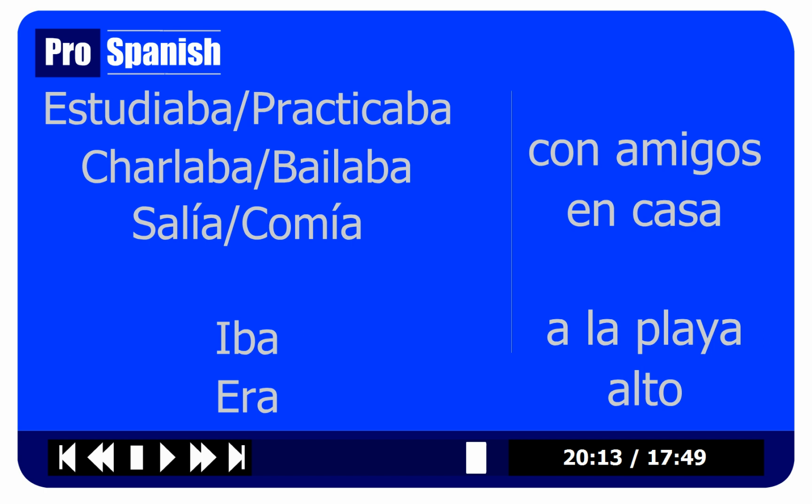So you would be saying era joven, he or she was young. Era mayor, he or she was old. Era alto, tall. Era bajo, he was short. Era simpático, he was friendly.